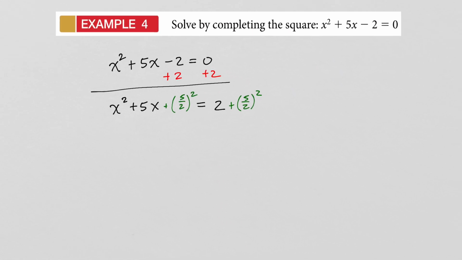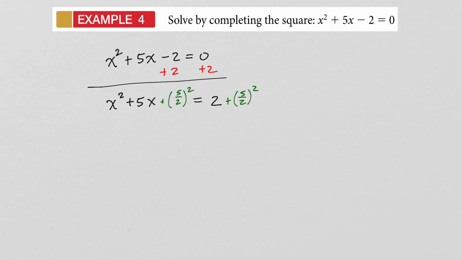So on the left-hand side, I can now factor this. It's a little bit strange, but we're going to have x and x. We're going to have positive and positive because the middle number is positive there. And then what number do we put here and here? Well, it's this number. It's 5 over 2. Okay?